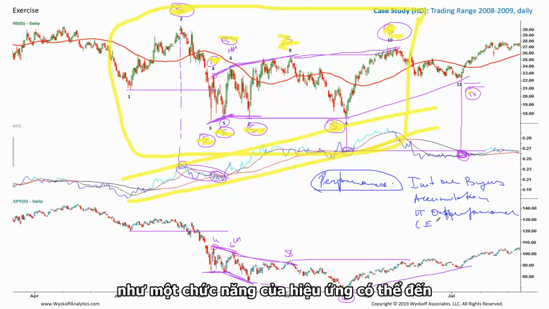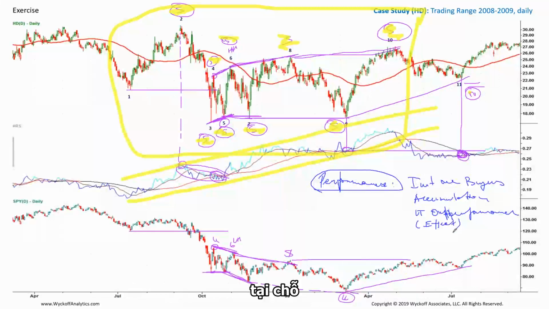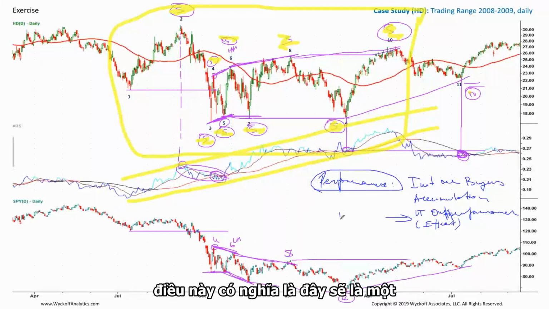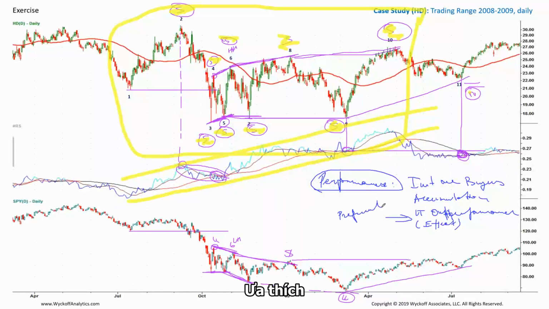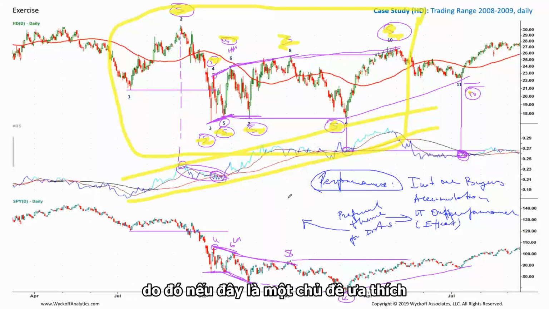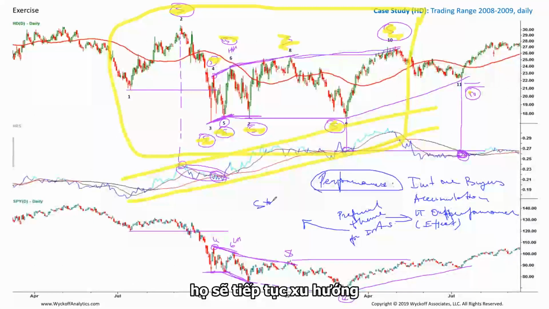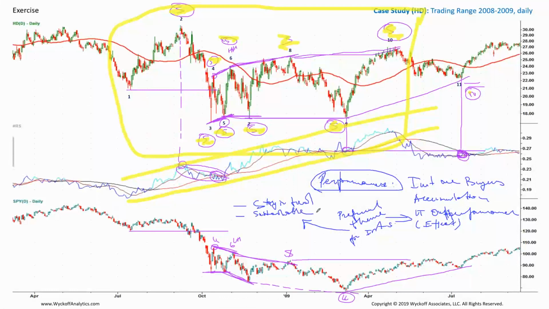as a function of a fact that might come in place. This means that this is going to be a preferred theme for institutions. Therefore, if this is a preferred theme, they're going to stay in the trend. This trend is going to be sustainable on multiple levels, sustainable in terms of the business cycle type of move.